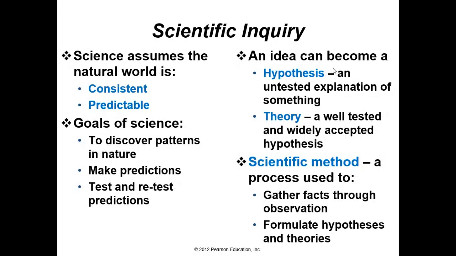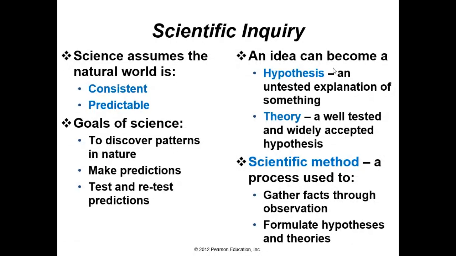Making predictions is done by testing and retesting what's called a hypothesis, or predictions. So what is a hypothesis? At a most basic level, it's an untested explanation of something.